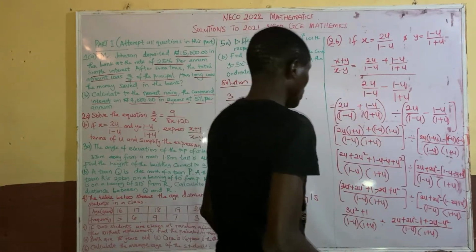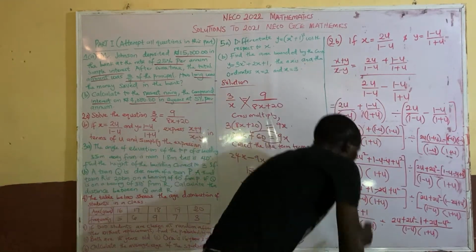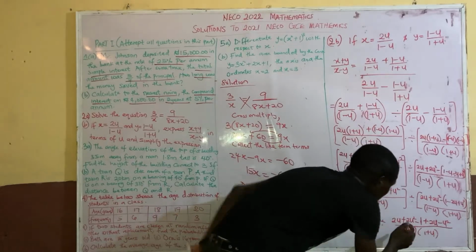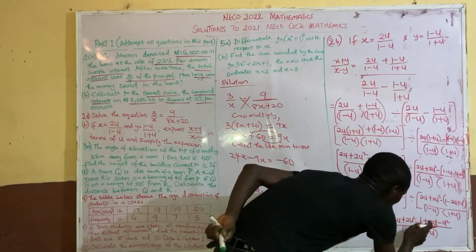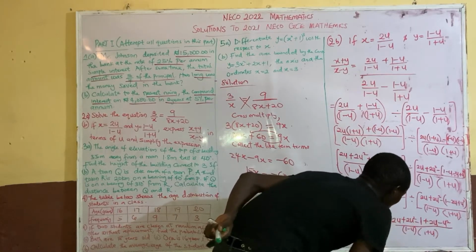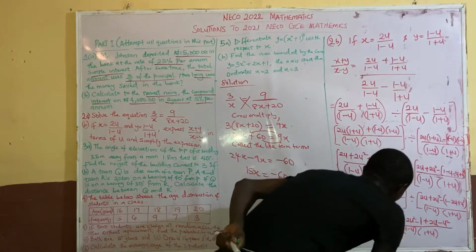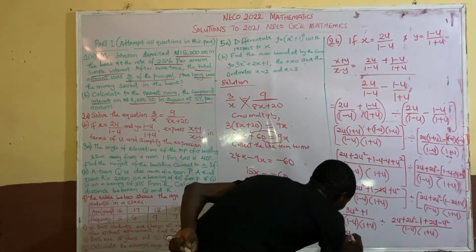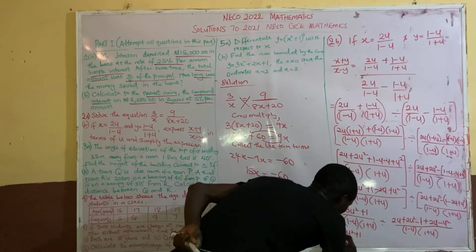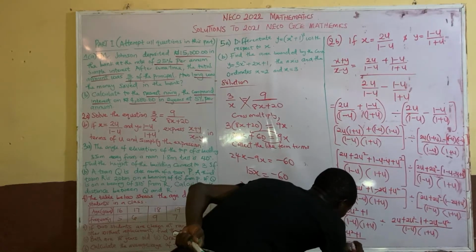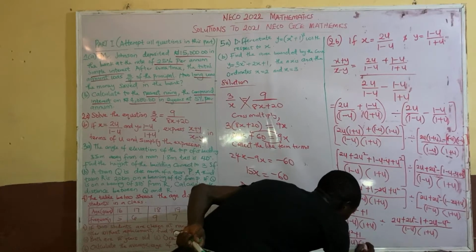So with this now, you can change this one. Look at this. 2u plus 2u will give you 4u. You have 3u squared plus 1 all over 1 minus u, 1 plus u.